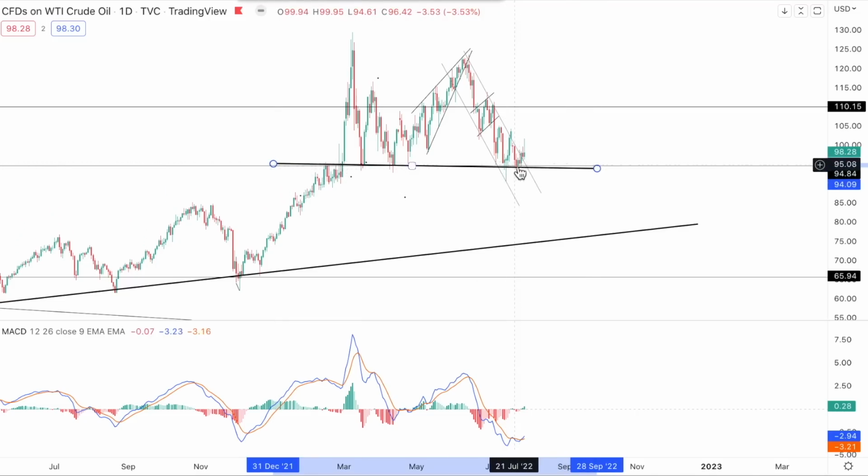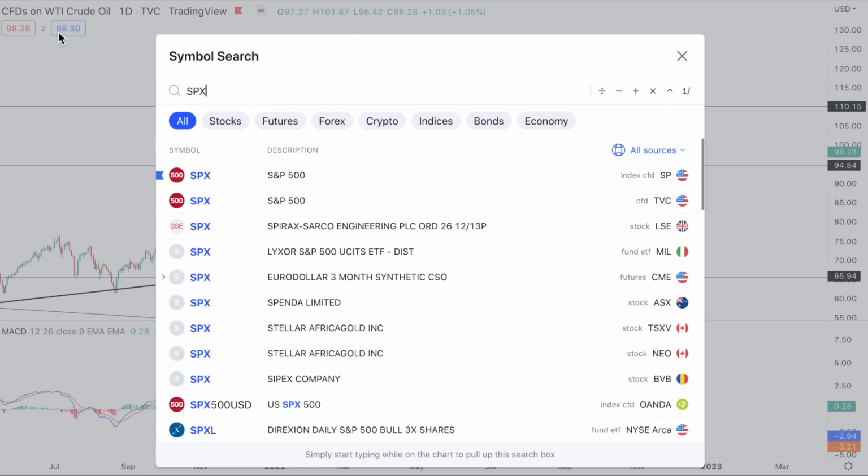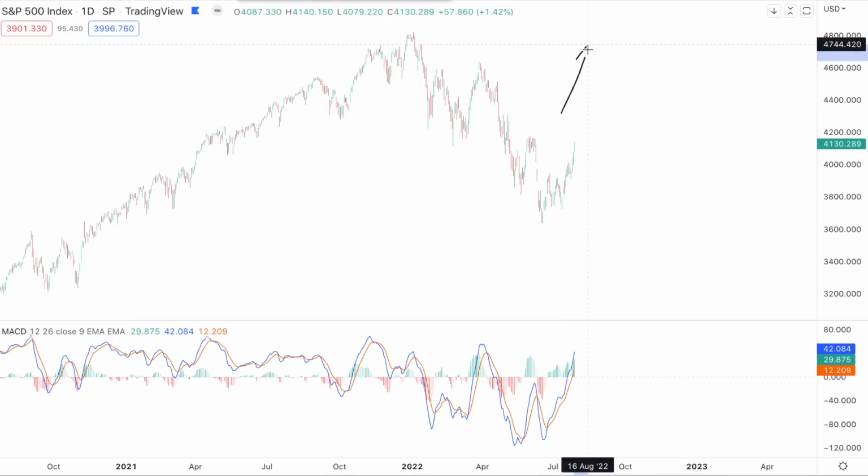If we all of a sudden see oil break out above this downtrend and move back up to $110 before moving back down, and following through on this head and shoulder pattern, the S&P 500 would retrace this entire move very likely because inflation expectations would skyrocket again and bond yields would start to move higher again, and the Fed would need to again adopt a hawkish tone.